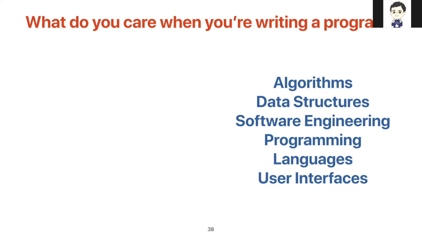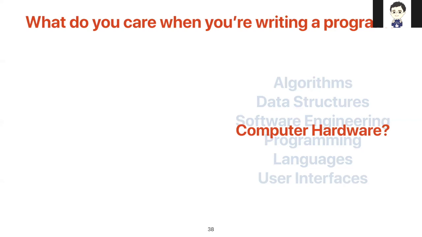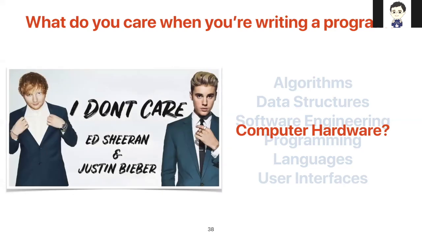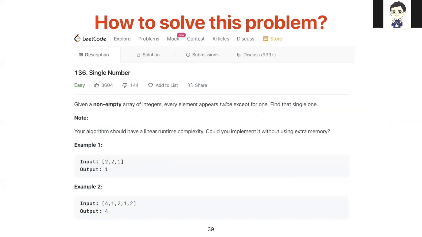We care about writing programs. You care about algorithms, data structures, software engineering, programming languages, user interface. But regarding computer hardware, I know this is what feels foreign, so you probably don't care what computer hardware is.